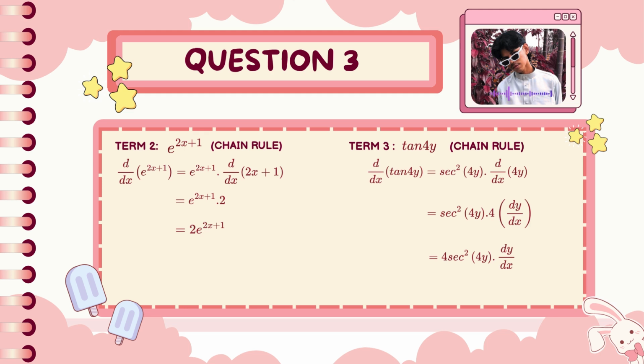Then we differentiate the third term, tan 4y. Again, using the chain rule, the derivative of tan u is sec squared u multiplied with du over dx. So we get sec squared 4y multiplied with 4 multiplied with dy over dx, which simplifies to 4 sec squared 4y multiplied with dy over dx.